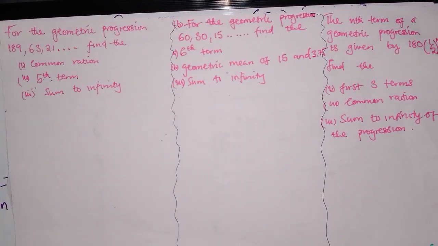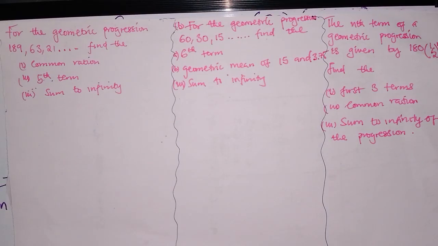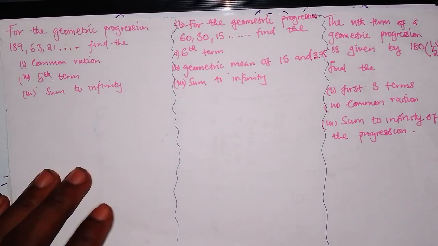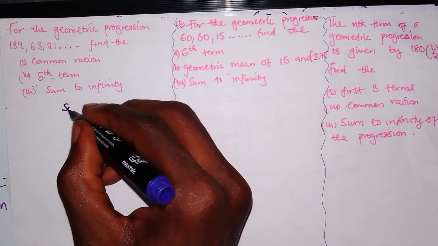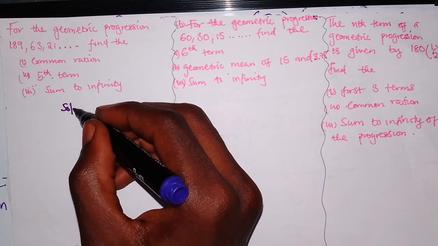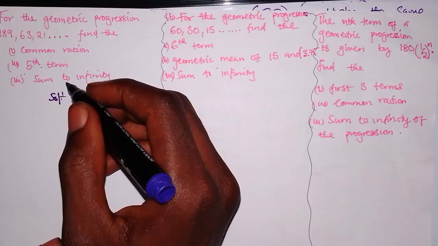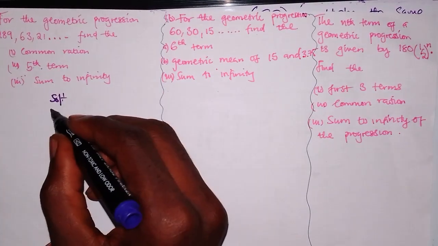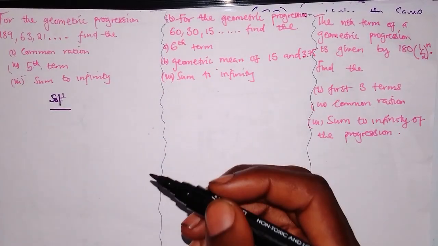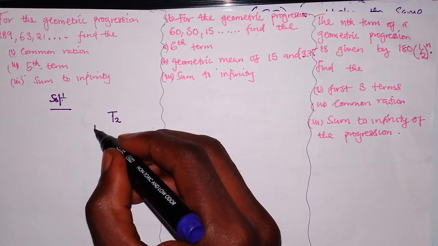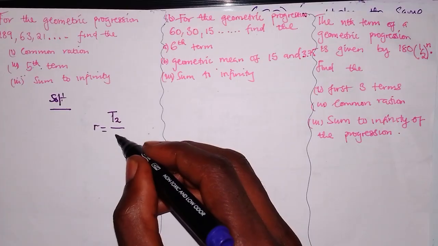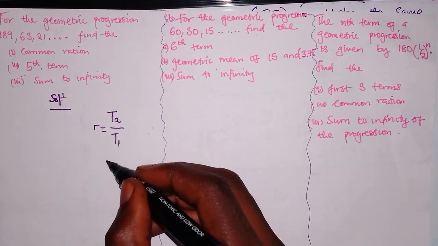The question says: for the geometric progression 189, 63, 21, find the common ratio. I told you how to find the common ratio. You have to divide the second term by the first term.